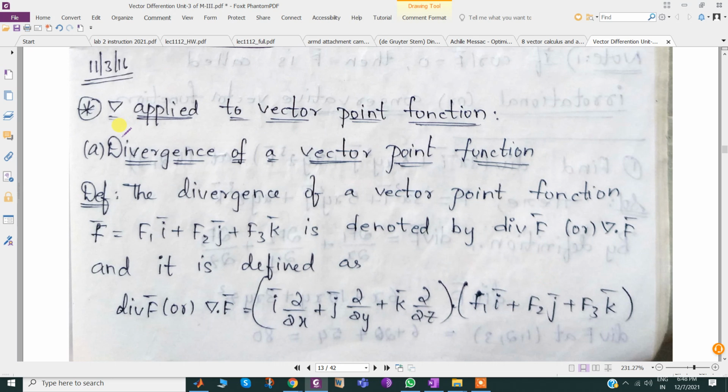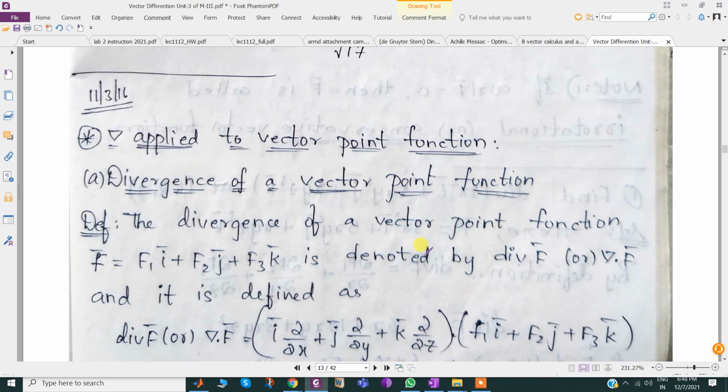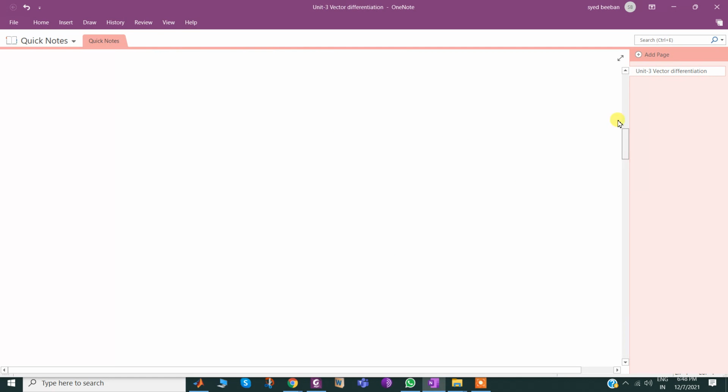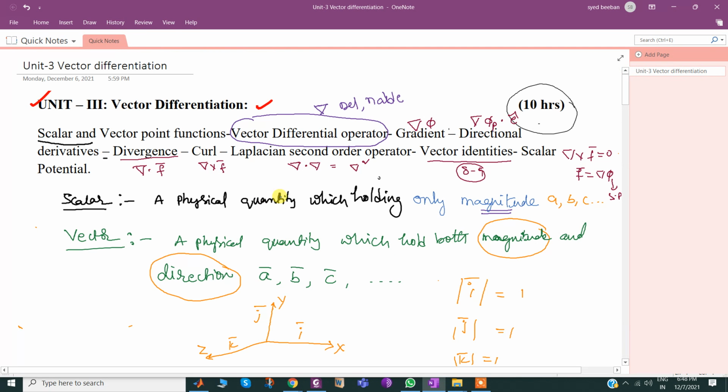As per the topics here, gradient completed, angle between the two surfaces completed, directional derivative completed. Now, what is the remaining one? Let me see. As per the syllabus, the gradient was finished in the last class itself.